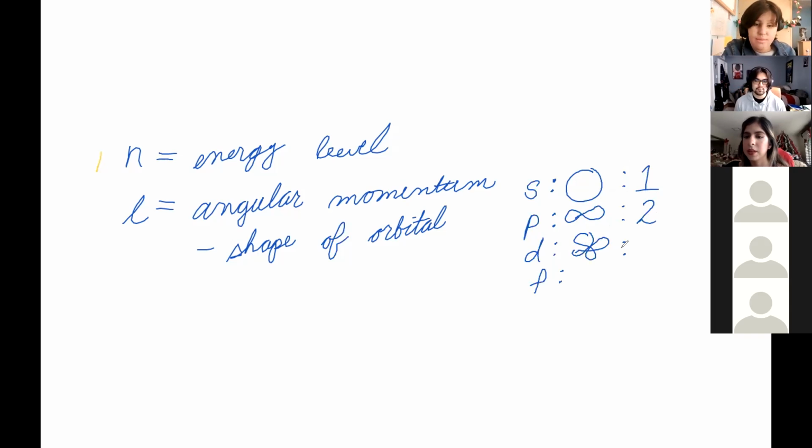And what will be the angular momentum number for D? Three, right? Okay, and now we have M sub L. So what is M sub L? It's the magnetic quantum number, right?